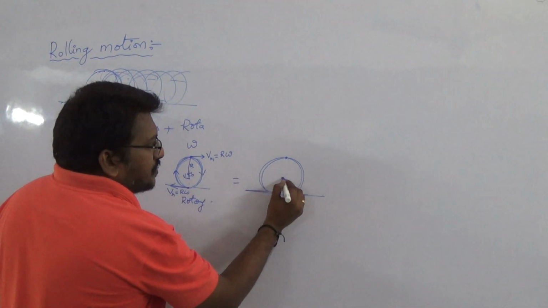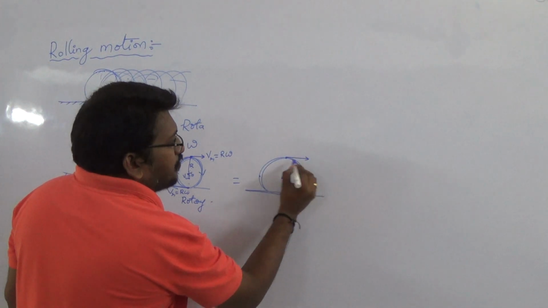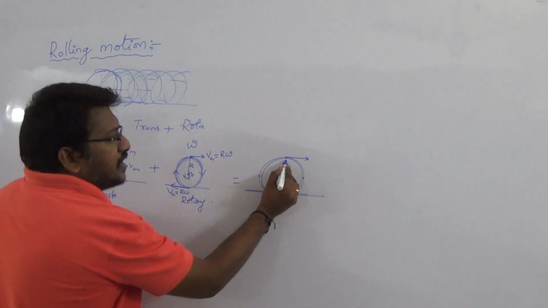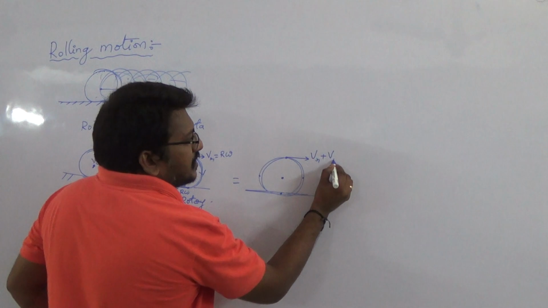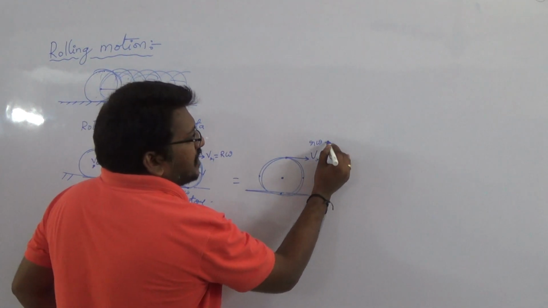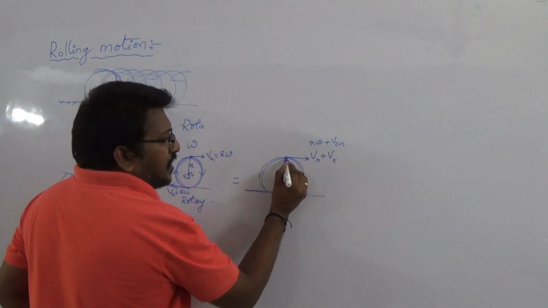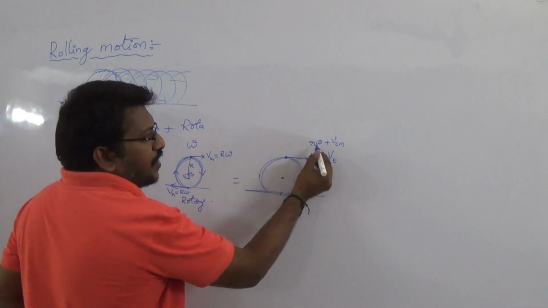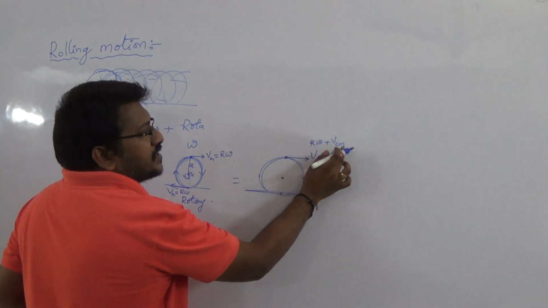In this situation, take the points. The velocity of the body at this point we can take as rotatory plus translatory. Rotatory gives r omega and translatory gives VCM. So the velocity of this particle at the highest point is r omega plus VCM.